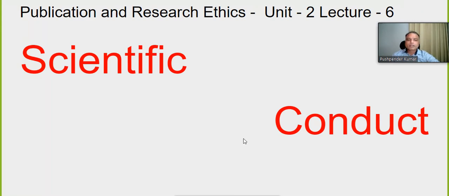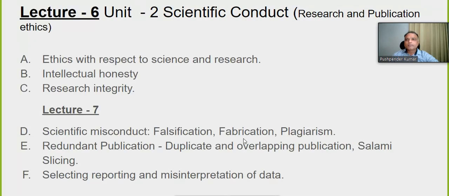So what are we going to cover in this lecture 6? Let me put some light on this. Lecture 6, Unit 2, Scientific Conduct, Research and Publication Ethics. We have bifurcated lecture 6 into 3 parts: ethics with respect to science and research, intellectual honesty, and research integrity.